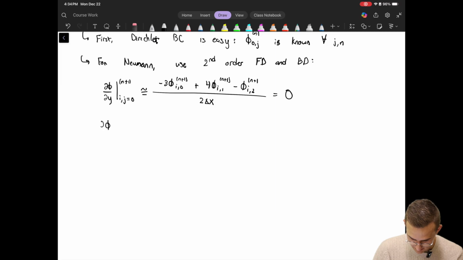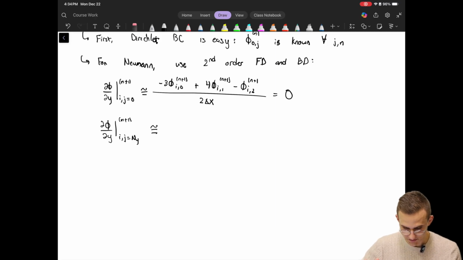We have d phi dy, but this time we want to do it at j equals ny, so our number of points in y. And again, we'll just choose an arbitrary time step here. So now since we're doing a backward difference in space, then the signs will flip.